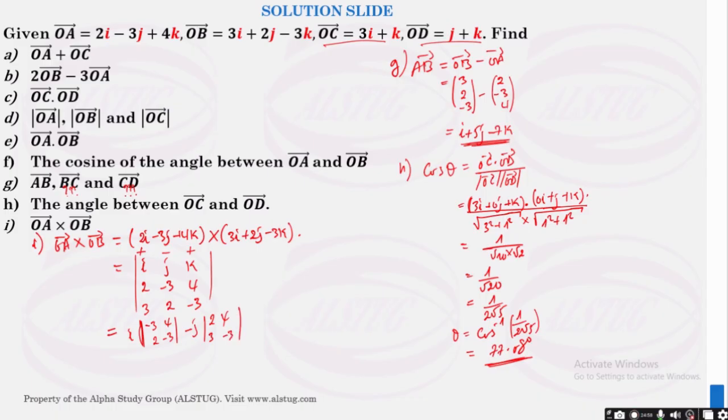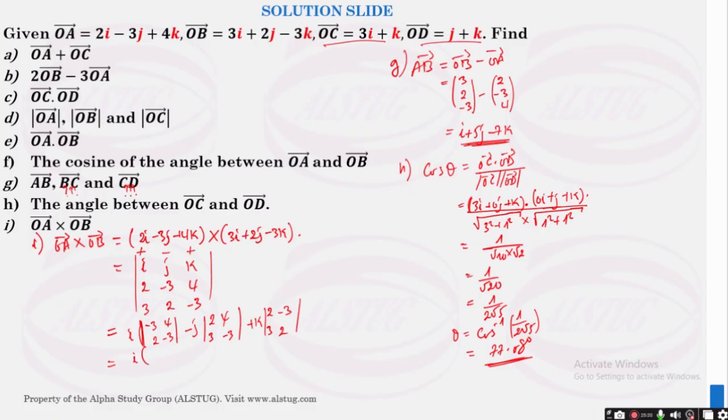Then we have k. Striking out everything that has to do with k, we will be left with 2, negative 3, and 3, 2.